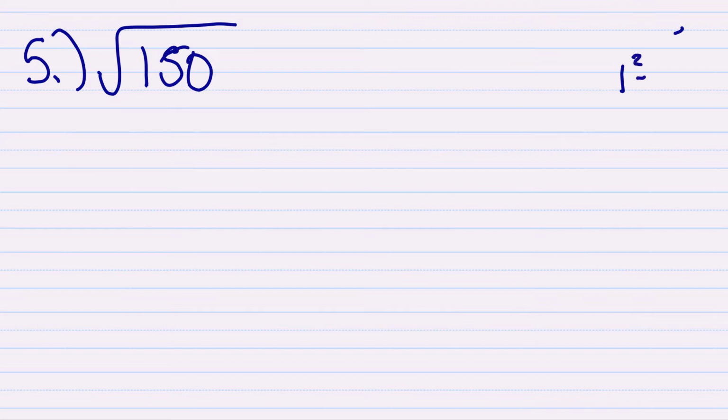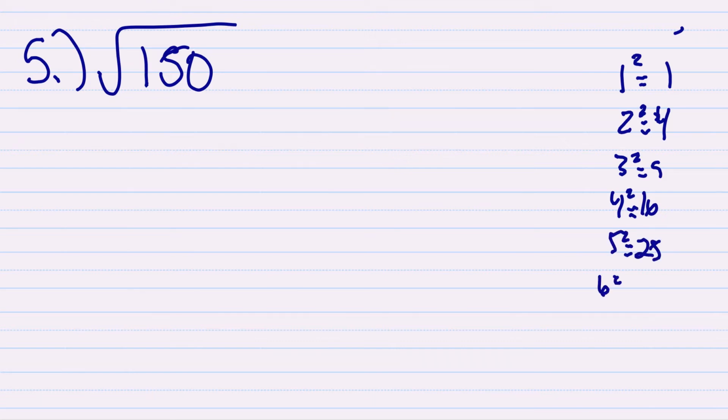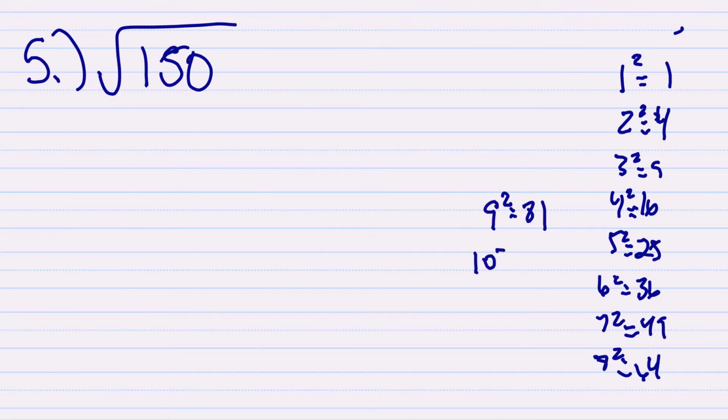I know 1 squared is 1, 2 squared is 4, 3 squared is 9, 4 squared is 16, 5 squared is 25, 6 squared is 36, 7 squared is 49, 8 squared is 64, and I keep on going. 9 squared is 81, and this is on the whiteboard in red, the top left corner of the whiteboard. 10 squared is 100, 11 squared is 121, 12 squared is 144. That's all I need for this.